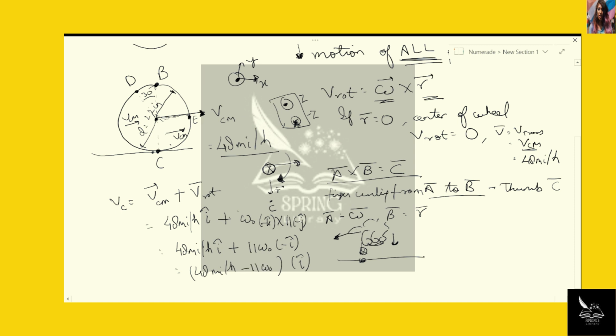Now what is this omega naught? In this case, the rolling is occurring without slipping. That's what we will assume if it's a wheel of a car. If the car is not slipping, then the center of mass velocity is coming because of the rolling of the wheel.